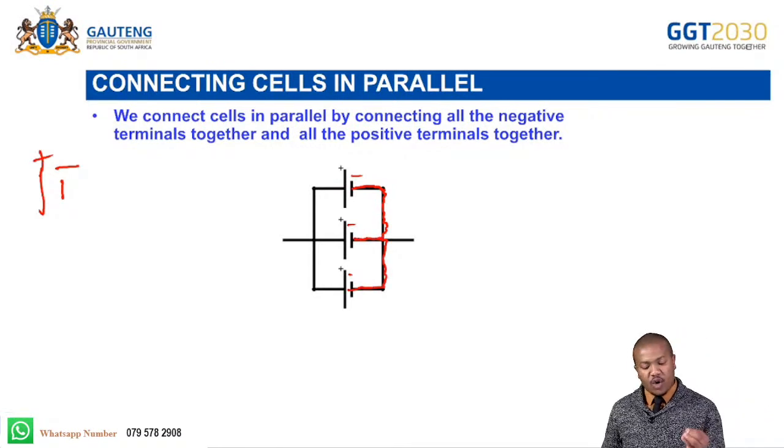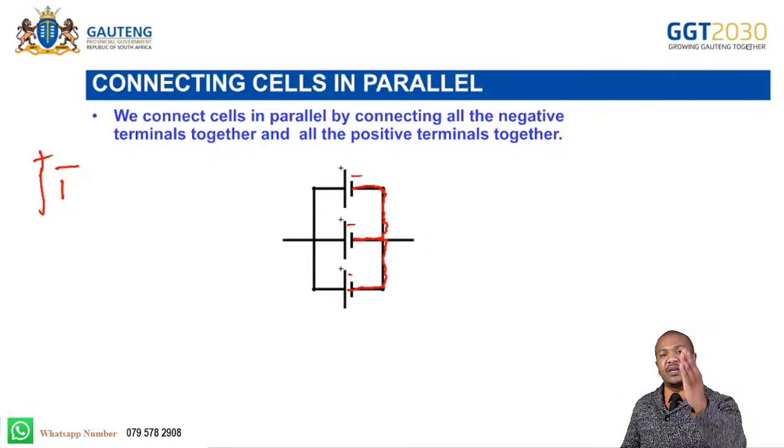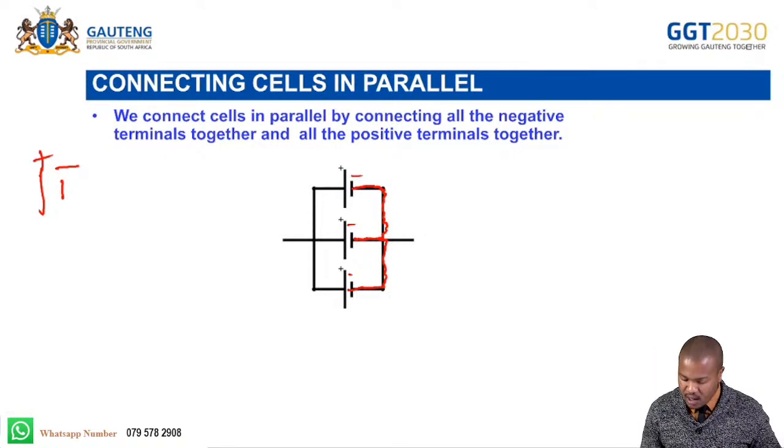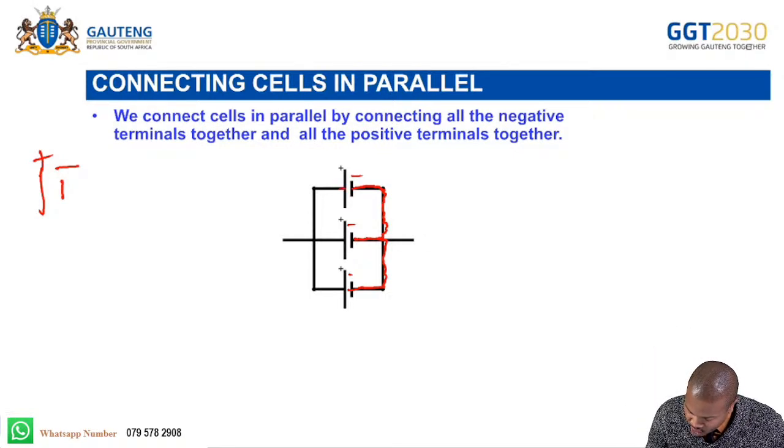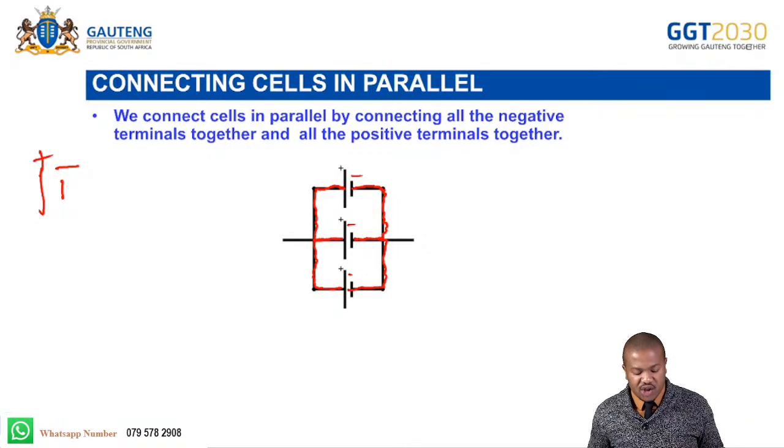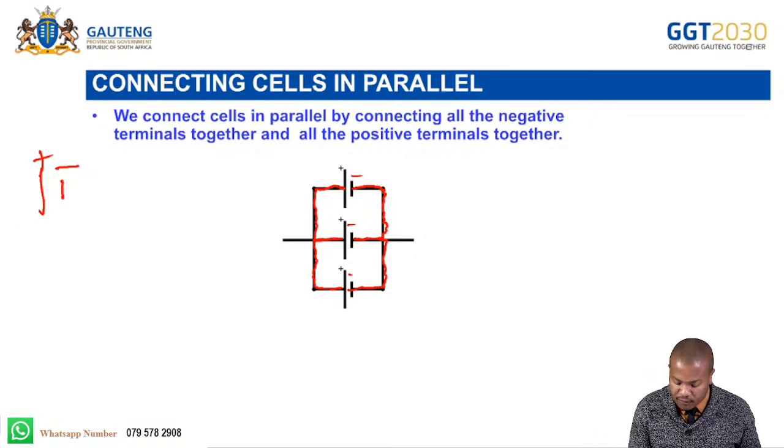When you look at this now, all the negative terminals are connected together with a wire. And all the positive terminals, again, are connected together in such a way. So this is a parallel connection of what?